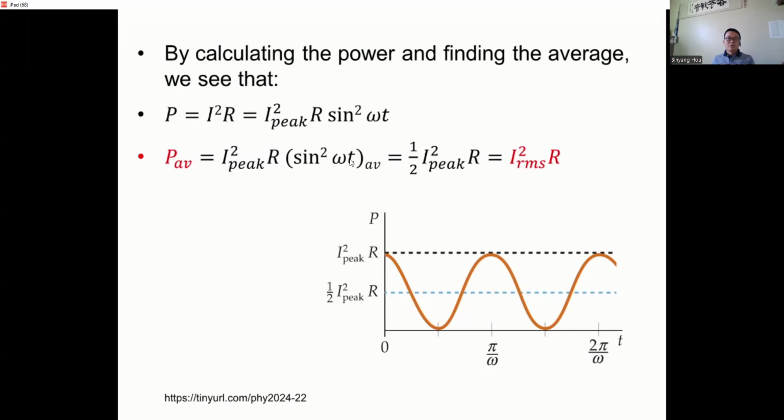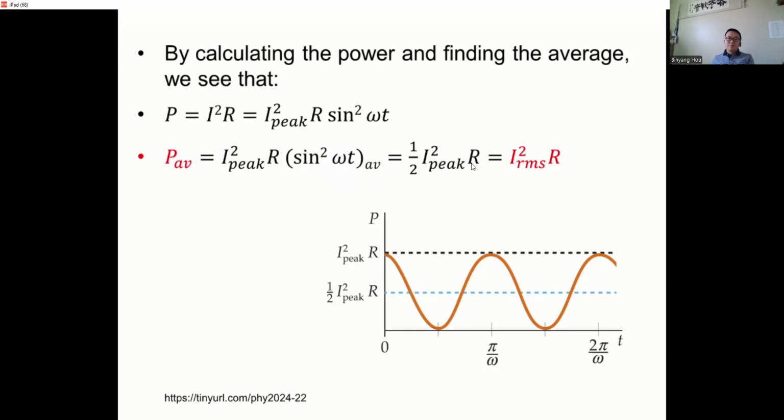But sine squared omega t is varying, so you need to average that. Sine being squared is all positive, ranging just from 0 to 1, and if you do the average, you go just halfway there. So it gives you 1/2. The 1/2 comes from the average of sine squared omega t. In that case you get 1/2 I peak squared times R.